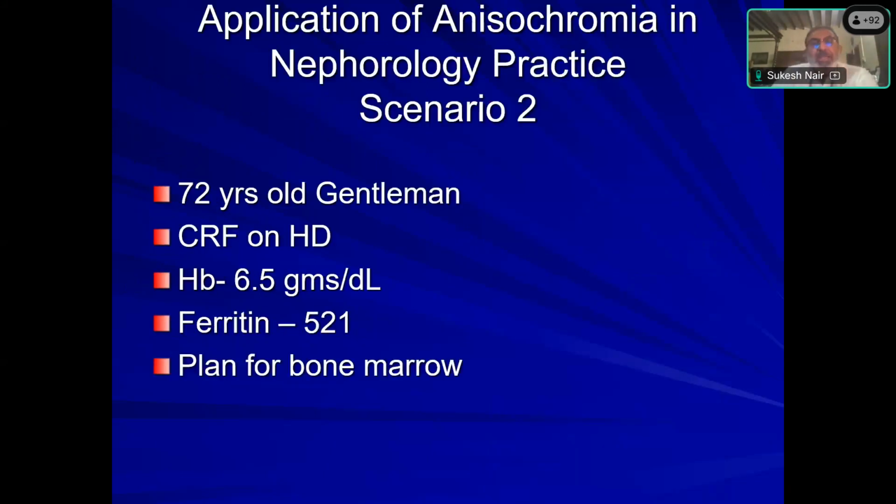So just to show the application of anisochromia in nephrology practice, a 72-year-old gentleman, CRF on hemodialysis, with a history of ischemic heart disease, his hemoglobin drops to 6.5. I don't know whether any of you have seen this, because most of our work is in the lab, but whenever you work on the clinical side, I'm sure you remember what is called orthopnea.